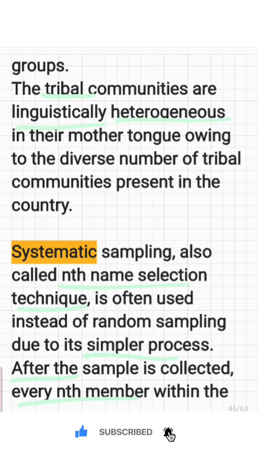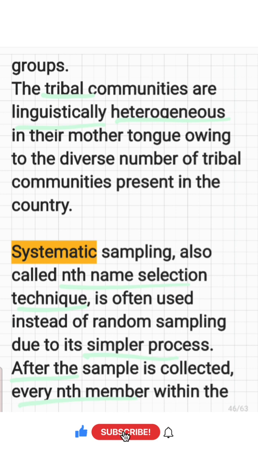That's the first stage. In the next stage, we again do simple random sampling within the selected primary sampling units. This is known as multi-stage cluster sampling. And systematic sampling is also called the nth name selection technique. This method involves ordering of the universe. The ordering may be alphabetical, numerical, or geographical.